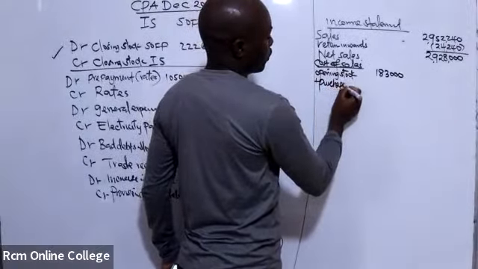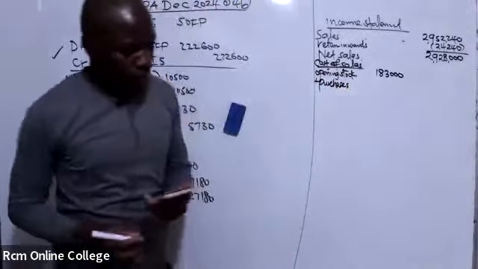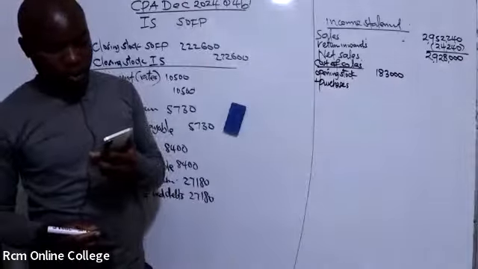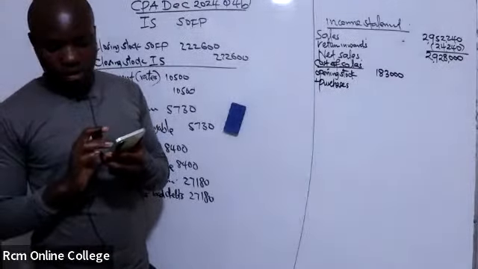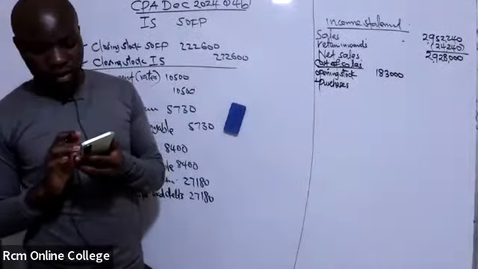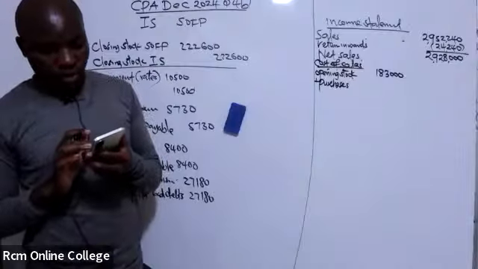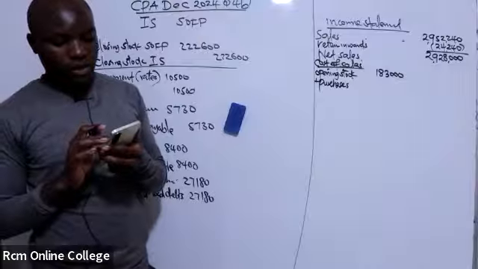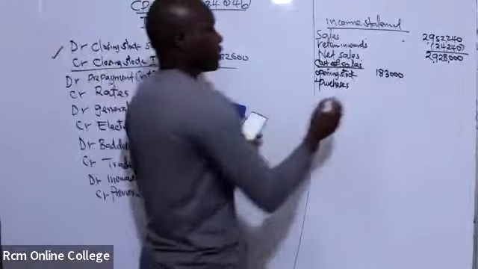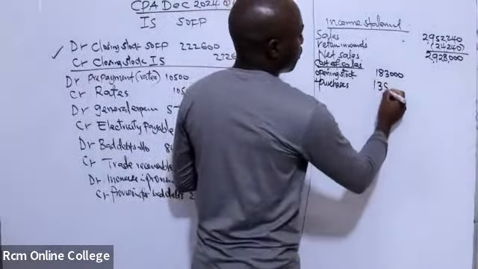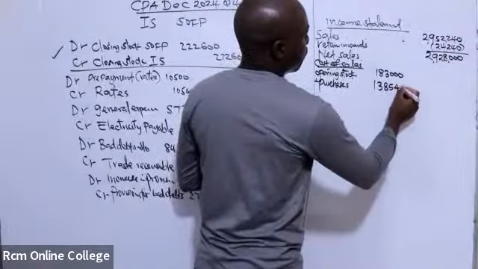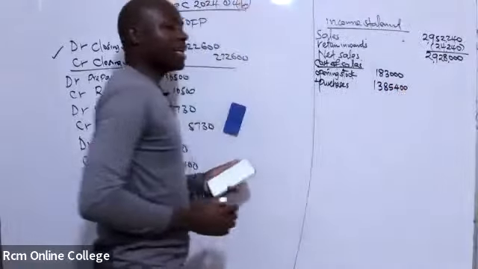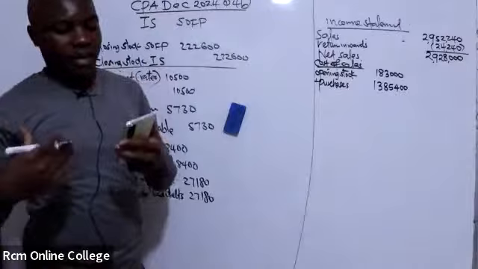We need to add purchases. I can see purchases is given there. Somebody can also help us get it. The purchases is the first one, 1385,400. To the purchases, do we have carriage inward?